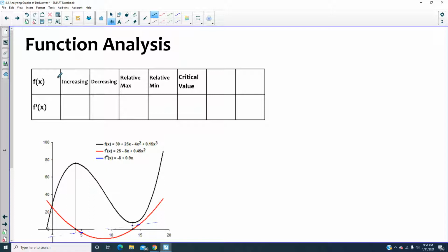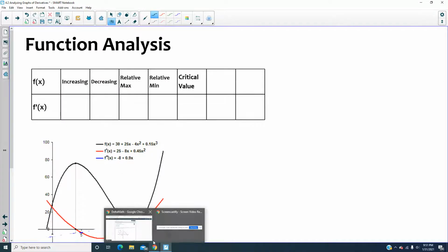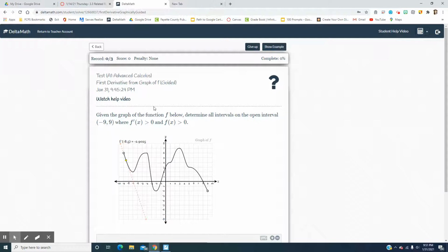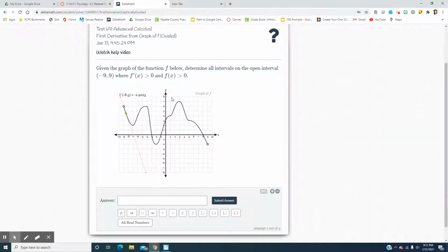All right, so the first thing we need to figure out is when f is increasing, what's happening with f prime. So f is our original function, f prime is the derivative. Delta Math does a great job, so I'm going to pull up Delta Math, because they give you animated pictures of this.